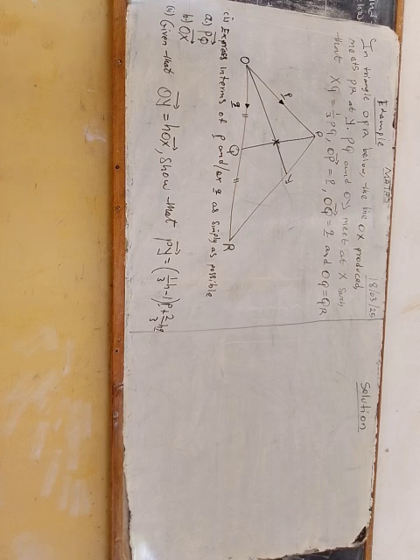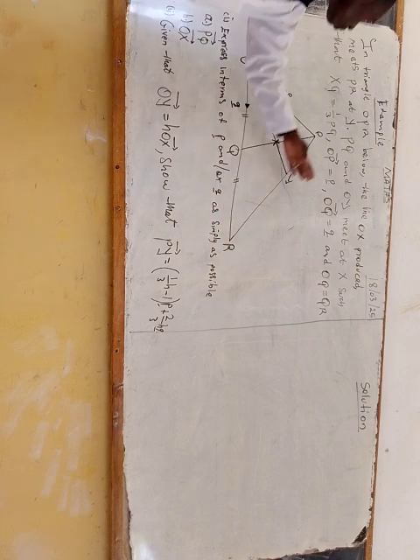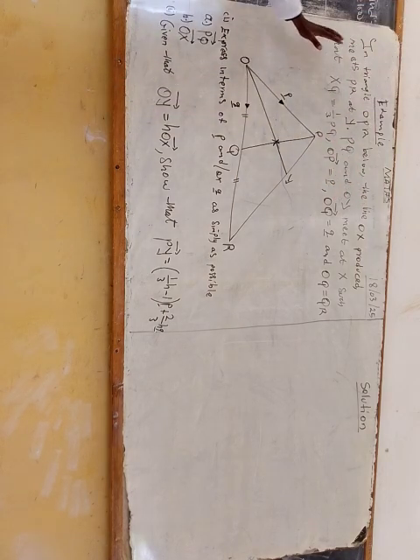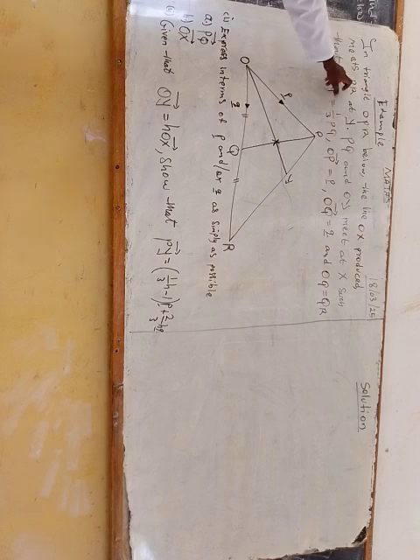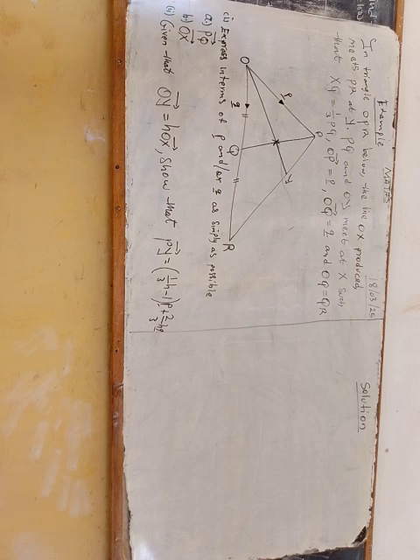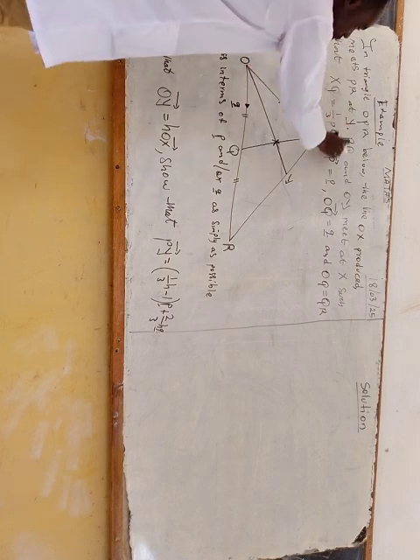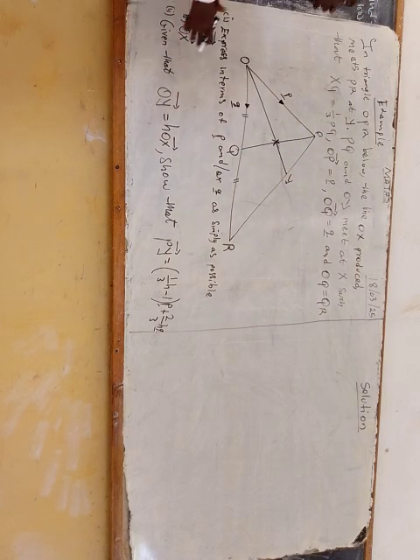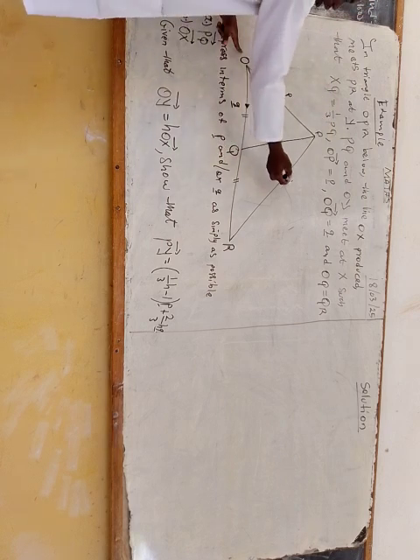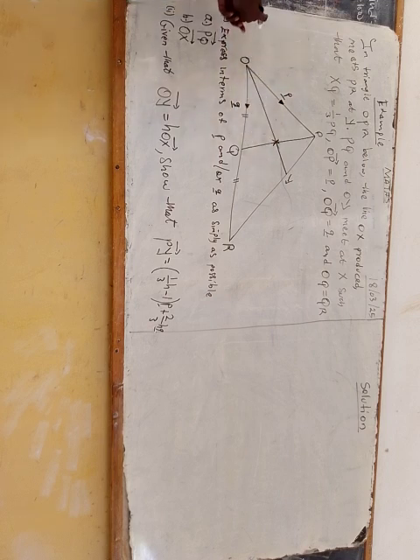In triangle OPR, we have the line OX produced, which meets line PR at Y. Then PQ and OY meet at point X.